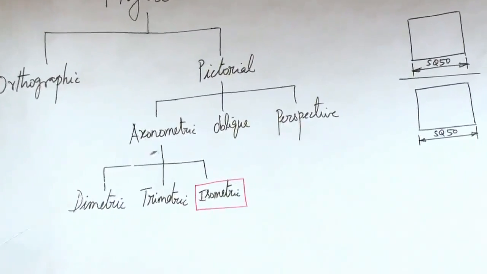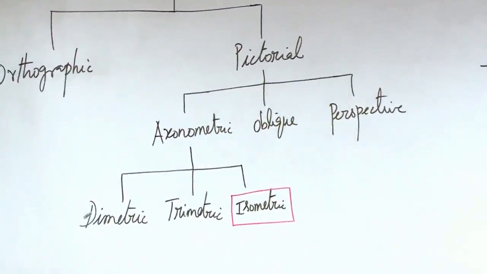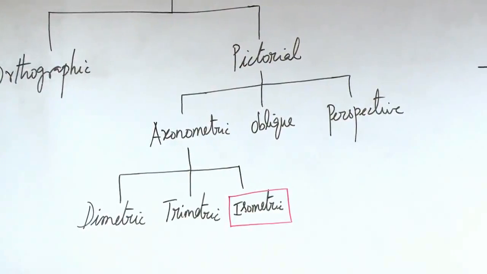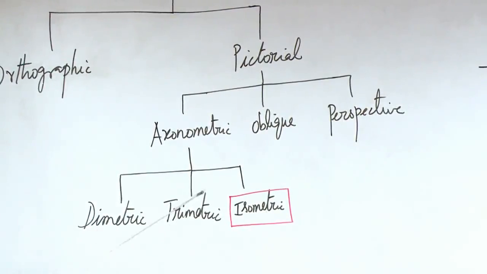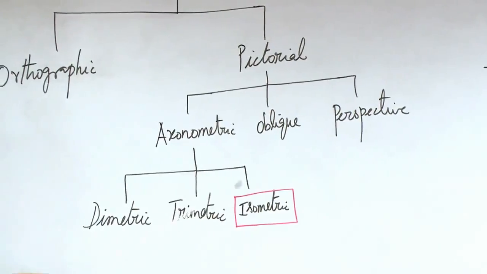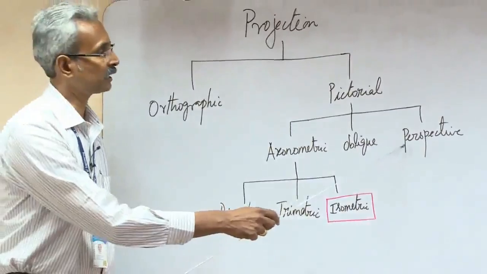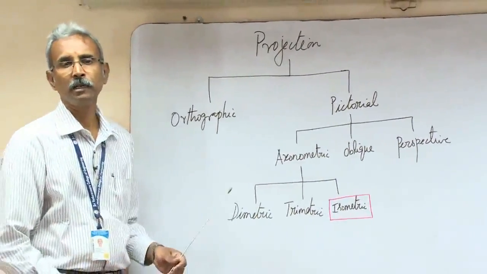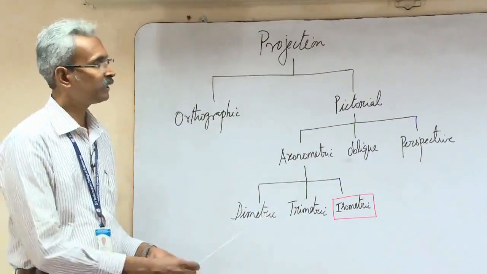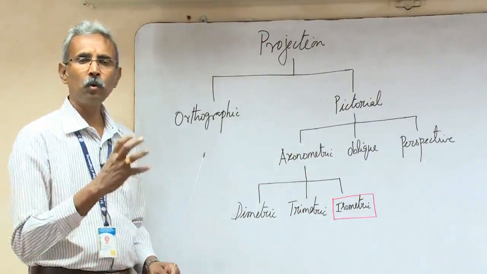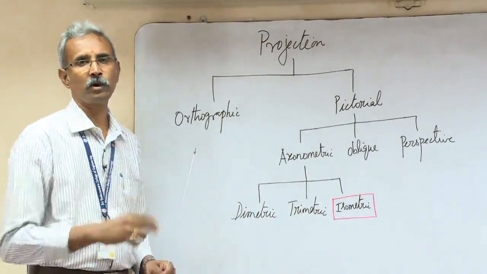And under axonometric you have three types: dimetric, trimetric and isometric. Of course, we are not concerned about the first two because our syllabus revolves around isometric projection. Oblique is also not in the syllabus, whereas perspective projection will be dealt with later as a separate topic. So with this introduction, we will know how to create an isometric view of an object.